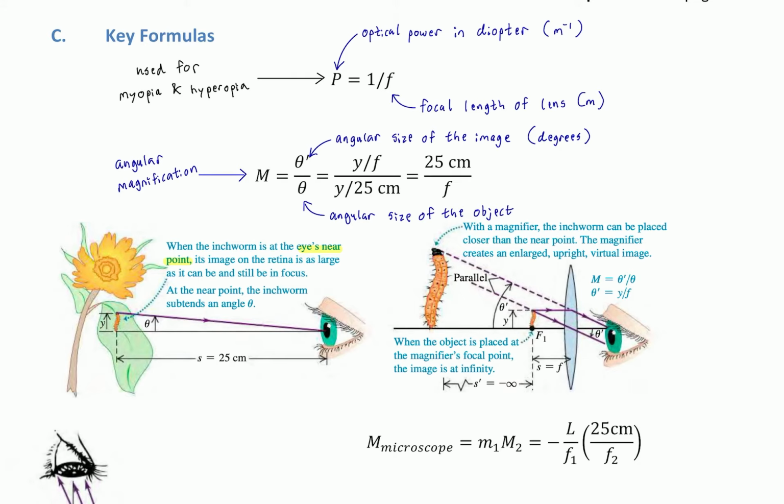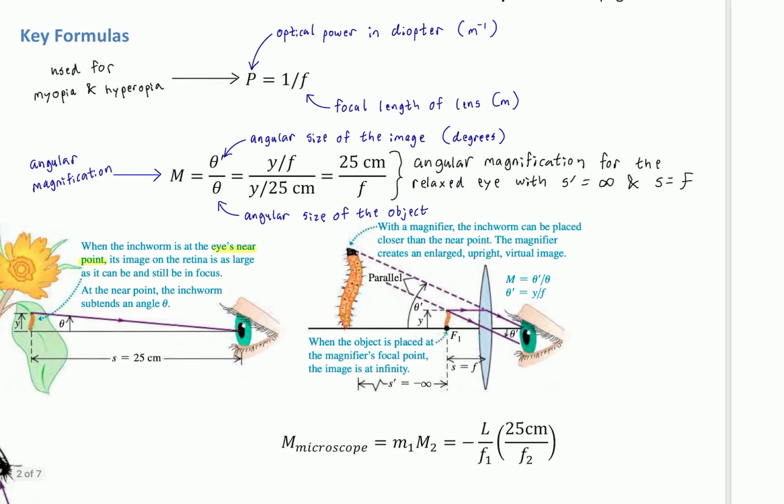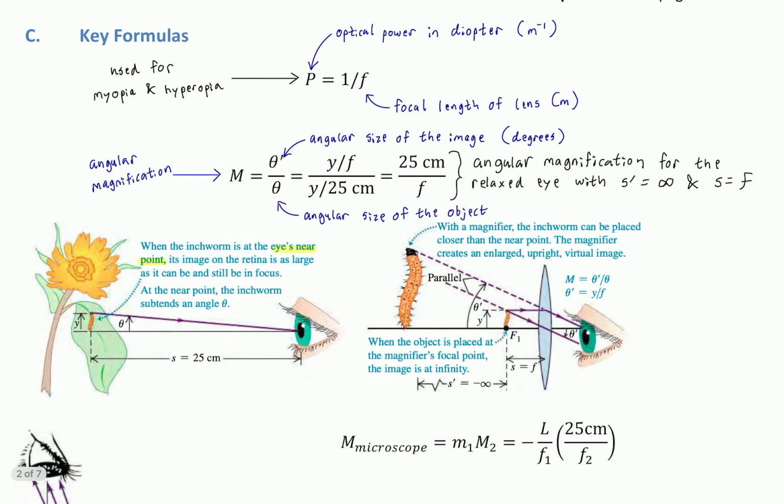Okay, and this particular expression here, that says angular magnification is 25 centimeters over f, is specific to a situation called the relaxed eye. Now, again, this might seem like an arbitrary definition. What is a relaxed eye? A relaxed eye is when the biological converging lens of the eye allows light to come in as parallel light. So you're focusing on something as far away as possible.